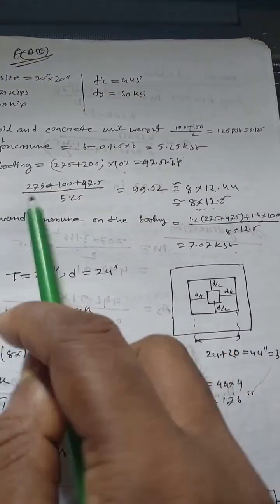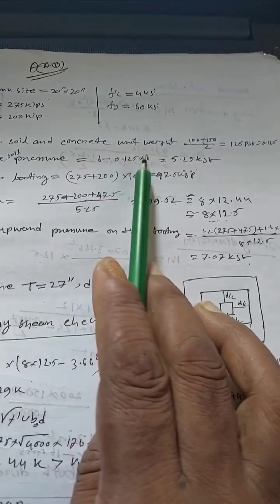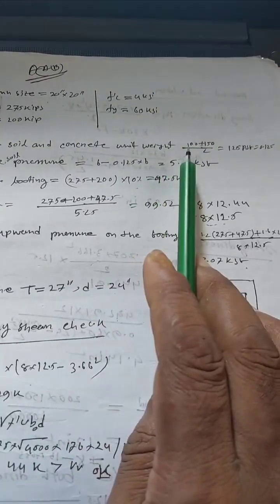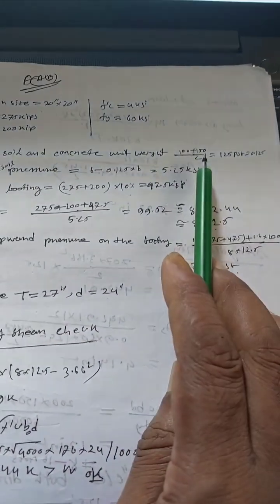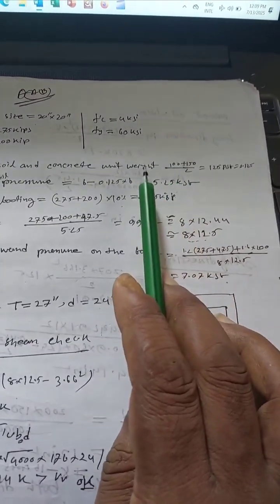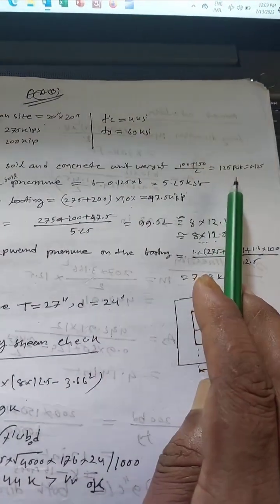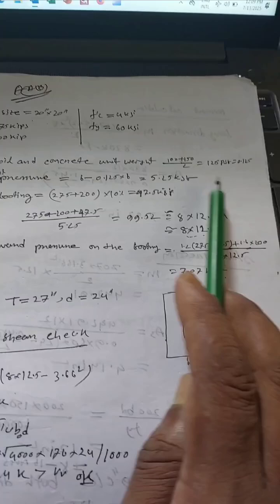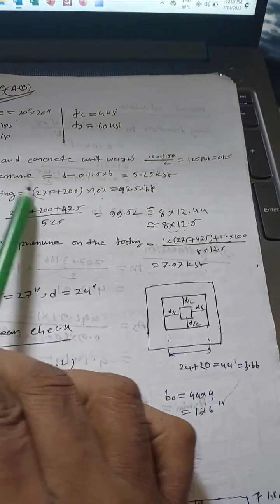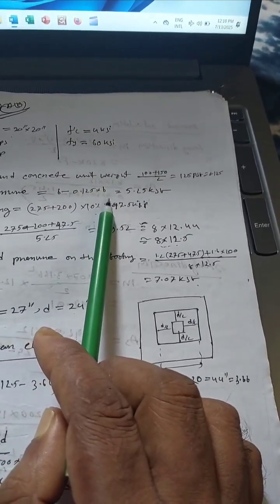At first, we have to calculate the average soil and concrete unit weight. We know soil unit weight is 100 and concrete unit weight is 150, divided by 2. Average soil and concrete unit weight is 125 pcf, equal to 0.125 kcf. The effective soil pressure is 6 minus 0.125 into 6.